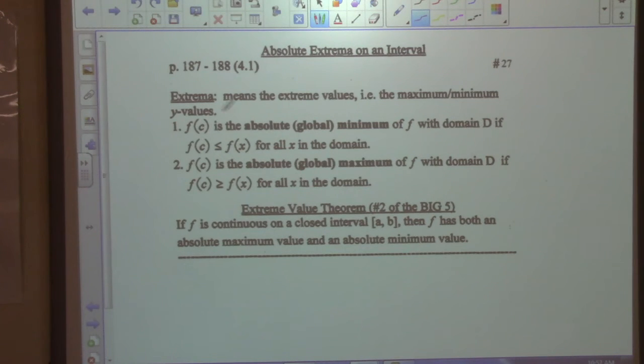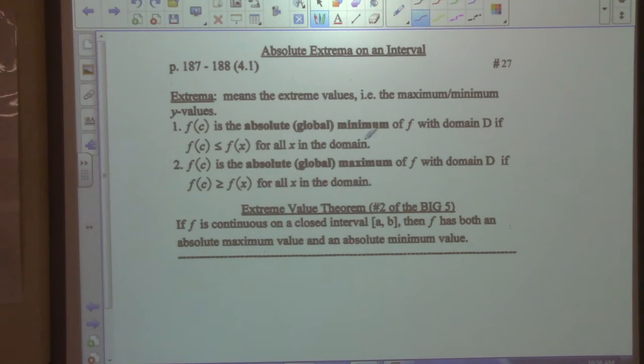Okay, so extrema means extreme values, Latin for extremes, and so f of c is the absolute, and absolute is global is another way to say it. I guess you could call it universal too, but convention is global. Okay, global or absolute, and also relative and local.